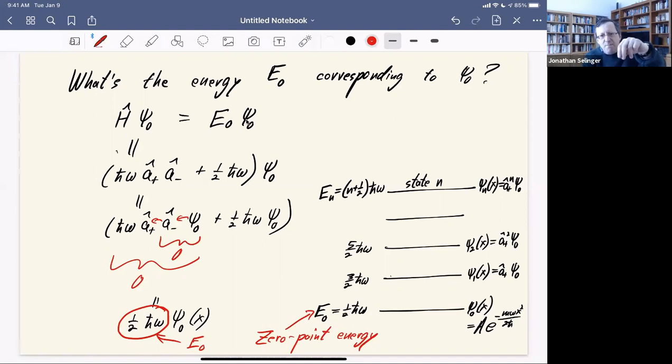So that means a non-zero x squared and a non-zero p squared. So a little bit of kinetic energy and a little bit of potential energy, and that's consistent with what we are calculating here for the zero point energy.